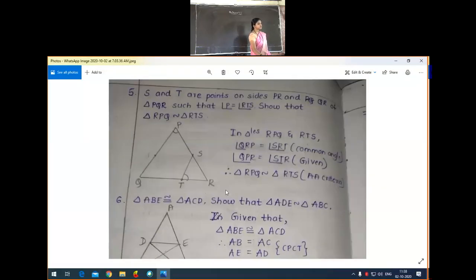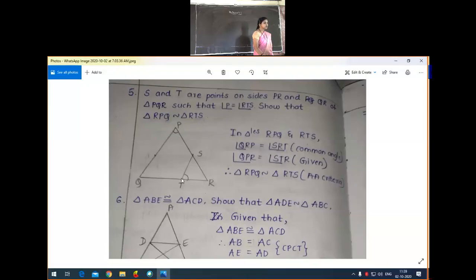Here we have a small question, the 5th question. S is a point on PR, T is a point on QR of triangle PQR, such that angle P is equal to angle RTS.